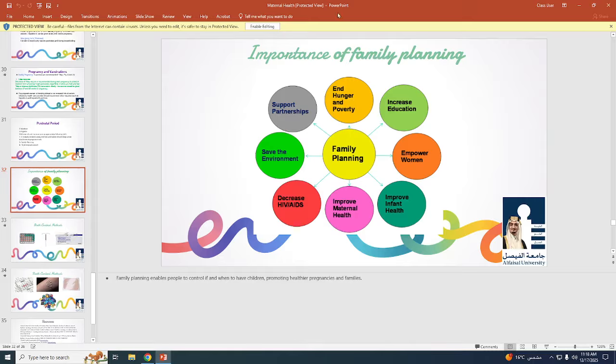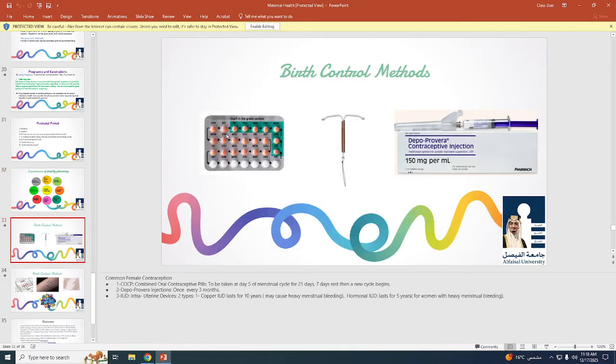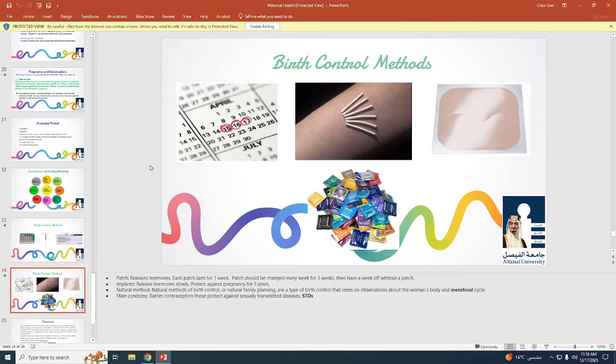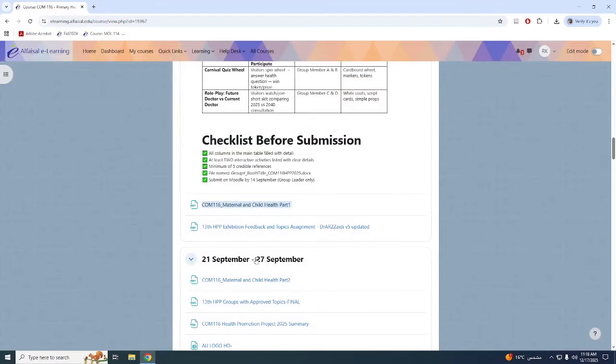What is the importance of family planning? This is important. I'm going to bring pictures and I will just ask what that is used for, what the aim of that is. Also the same as this type. So this is the first part.